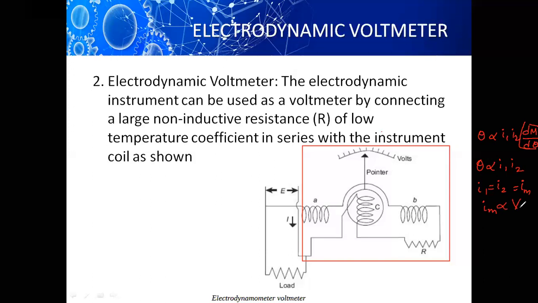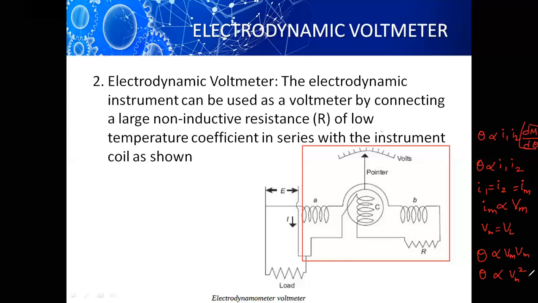The voltage across the meter is the same as the voltage across the load, which means I can replace this proportionality. Instead of I1, I will write Vm, and instead of I2, I will write Vm. Hence, I can write that deflection is proportional to Vm square.